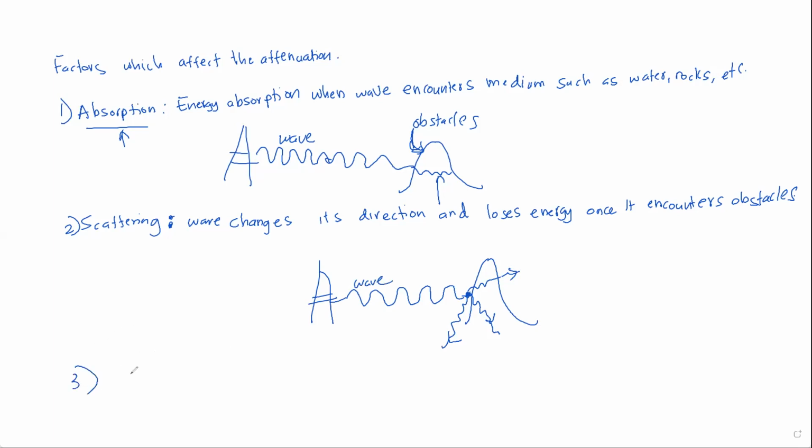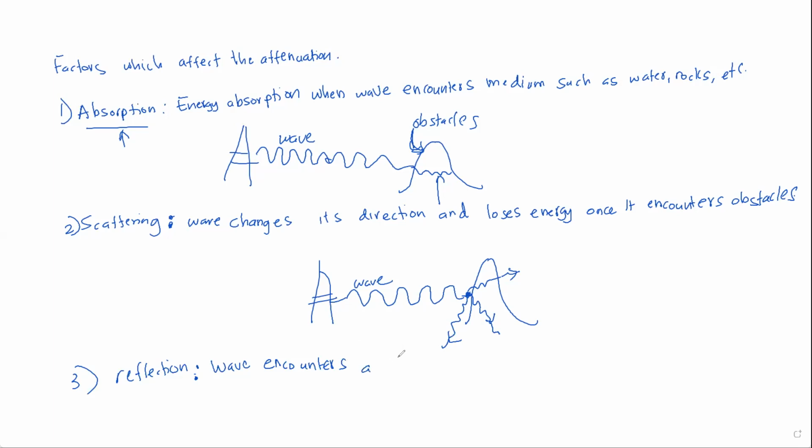The third thing is reflection. Reflection is another phenomenon that can cause wave attenuation. In reflection, the wave encounters a certain obstacle, and part of the wave goes back to the same medium that it was traveling in initially.